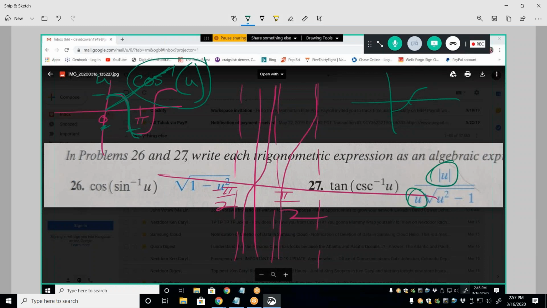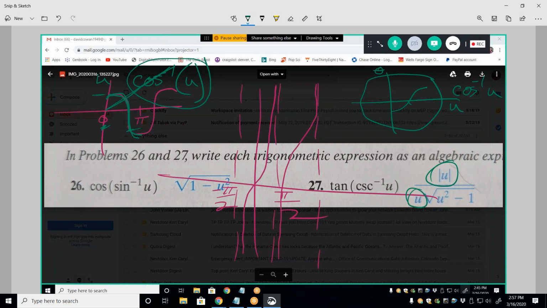So this is a reasonable approximation of inverse cosine of u, where now, when you take inverses, you switch the axis. So on the inverse cosine graph, u is the horizontal axis, and theta is the vertical axis.